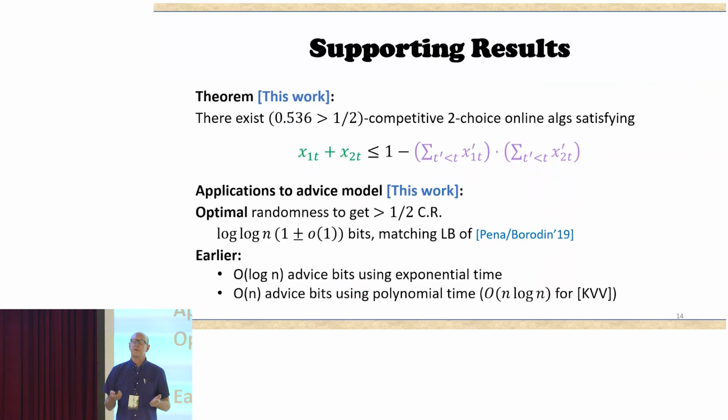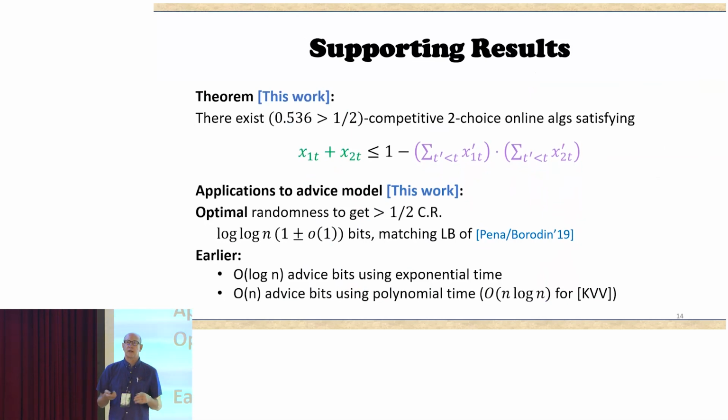So one question that was asked is what is the minimum number of bits of advice needed to get beyond the deterministic 1/2 that's known. In work by Penna and Borodin from a few years back, they showed that this lower bound is log n.